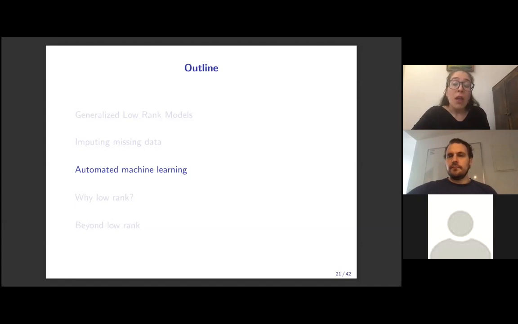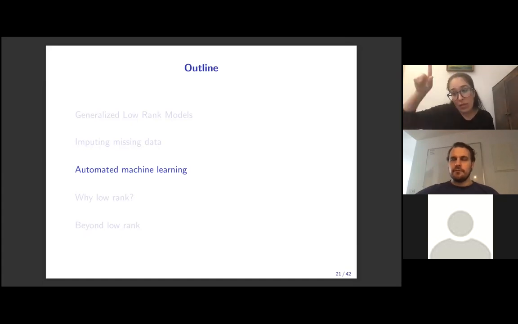But a third thing that you can do is you can say, I want to do some combination of unsupervised learning and supervised learning. Like, I want to do imputation, but I also want to capture a subspace that's relevant to my prediction. And if you want to do that, you can just append your labels as another column to your data frame.